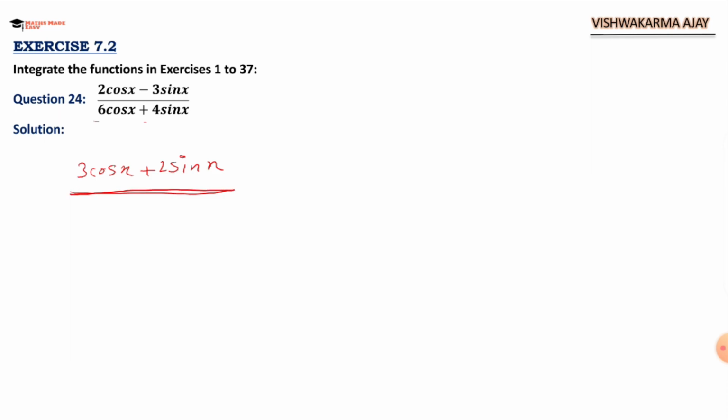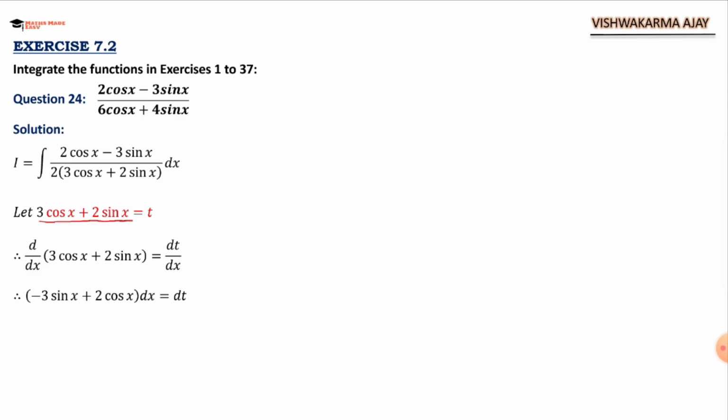Derivative of cos x is minus sin x and derivative of 2 sin x is 2 cos x. You will see how. I took 2 common.